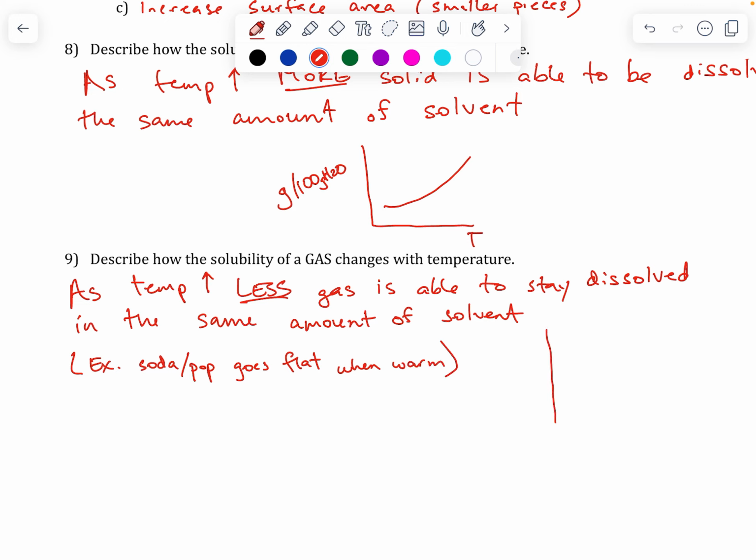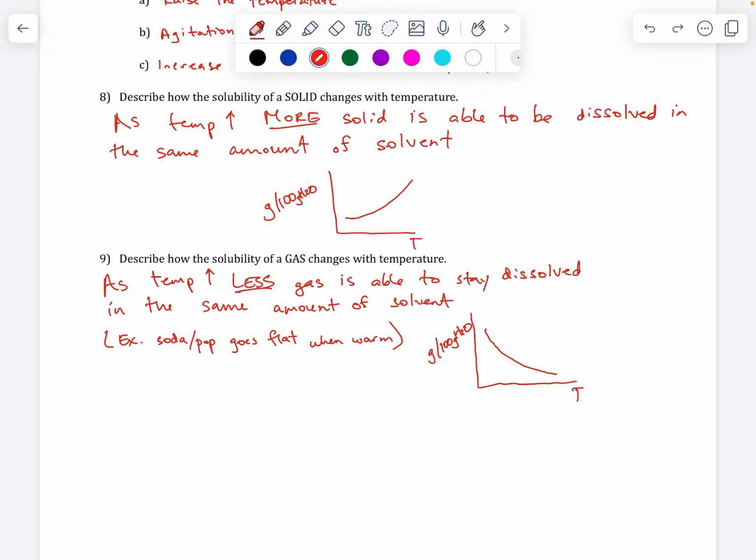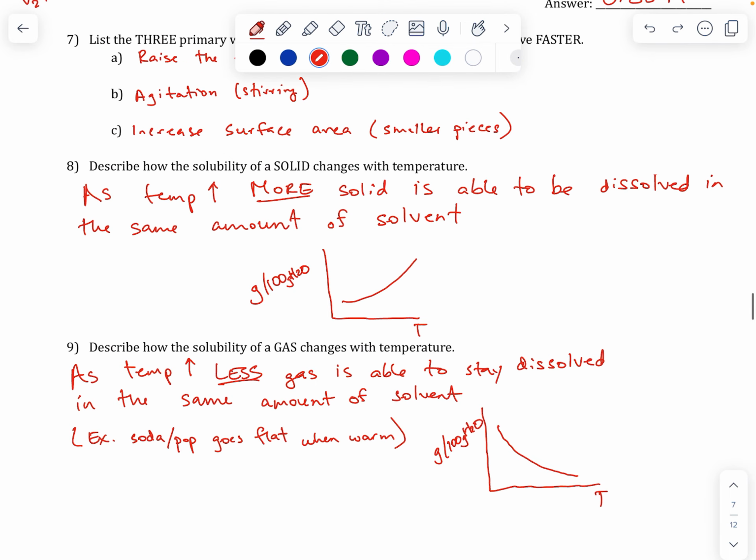If I wanted a visual representation, the amount in grams that can dissolve in 100 grams of water as temperature goes up is actually inverse, right? We dissolve better when we're cold compared to hot. And that's the rationale behind that. So there's our solutions portion.